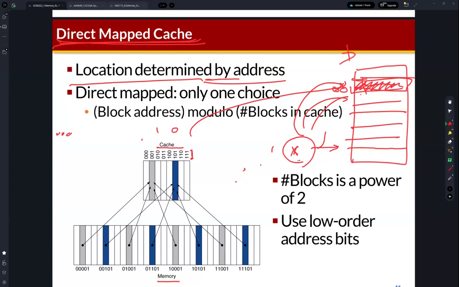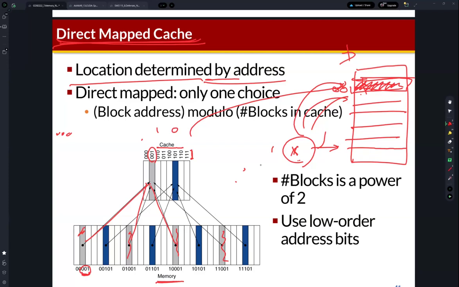In this example, we use the lower 3 bits of the main memory address as the index. These memory blocks are mapped to the same entry of the cache.